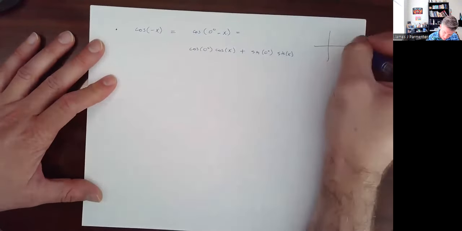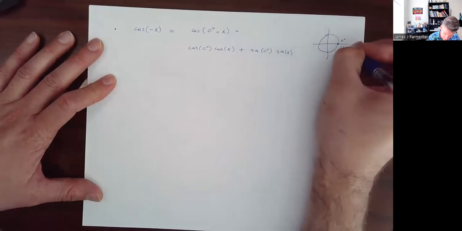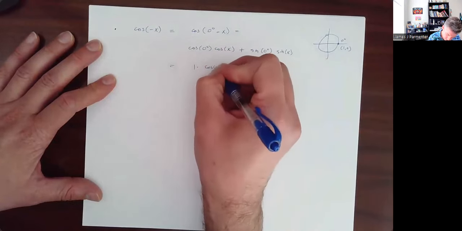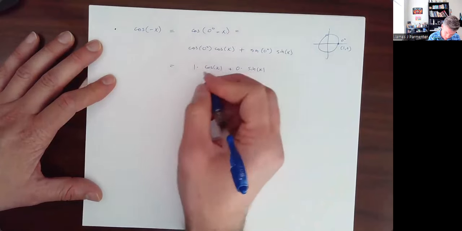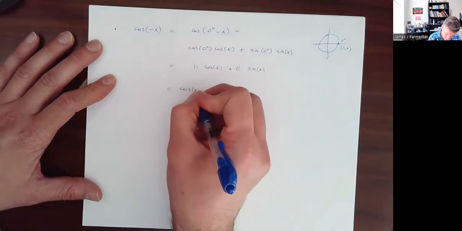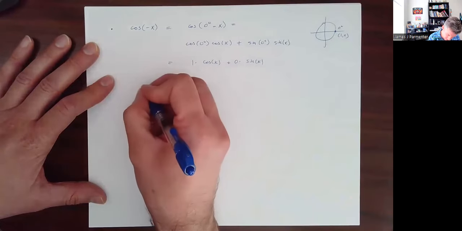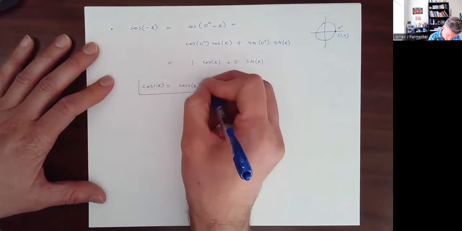You see my unit circle here. There's 0 degrees. The point is 1 comma 0. So cosine of 0 degrees is 1. Sine of 0 degrees is 0. 1 times cosine is just cosine. 0 times sine is just 0. So what we end up getting here is that cosine of negative x is actually equal to cosine of x.